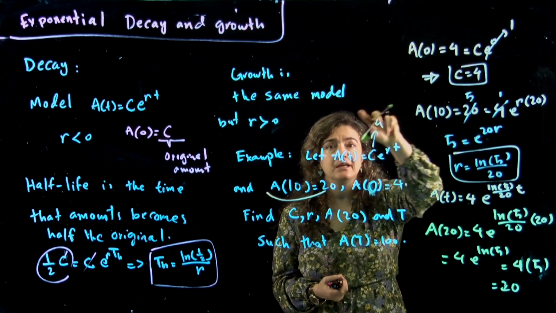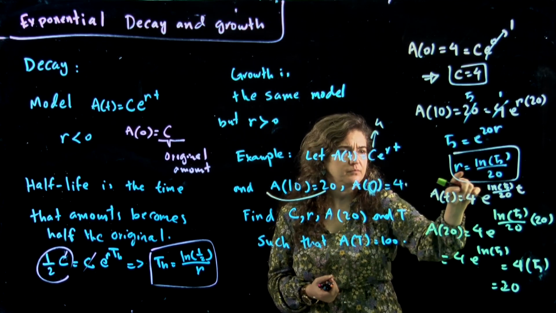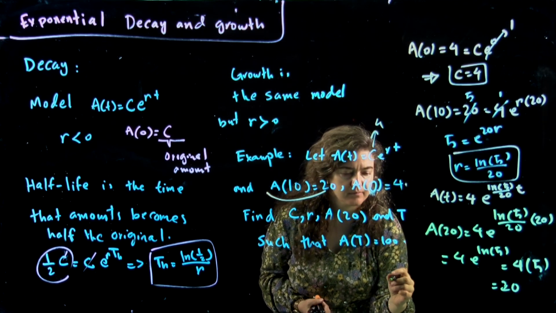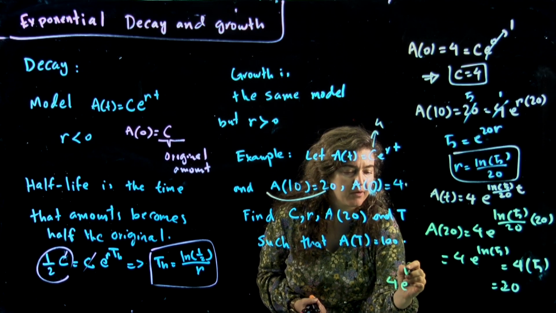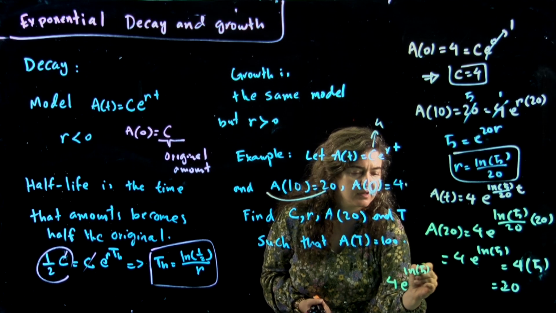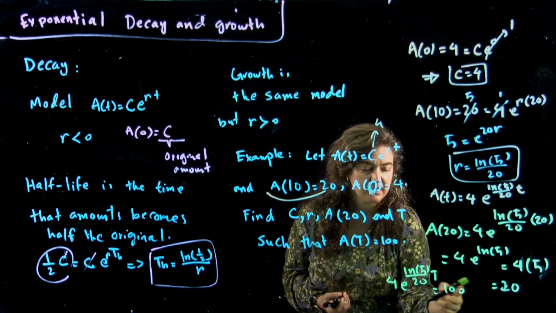Plug in t on the other side of the equation right here, and we get 4 e to the power ln of 5 divided by 20 times t equal to 100.